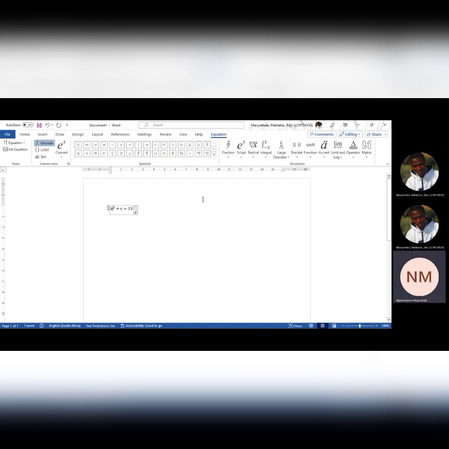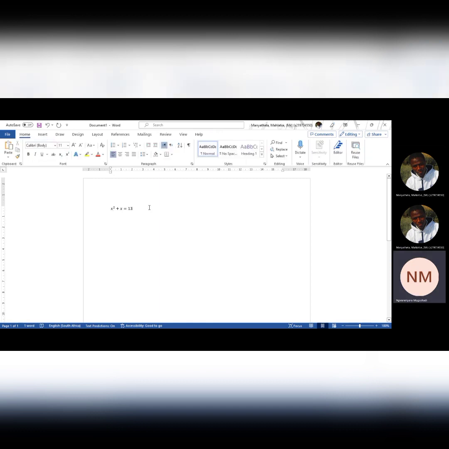So this is the equation, x squared equal to, and in brackets, correct to 2 decimal places. That is what we're given. You have to solve for x and leave your answer correct to 2 decimal places.